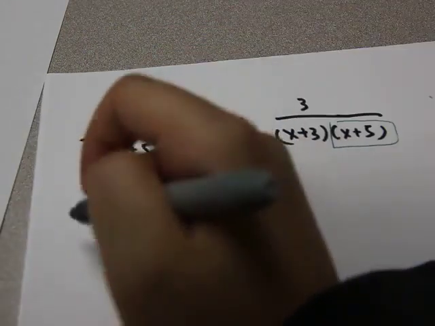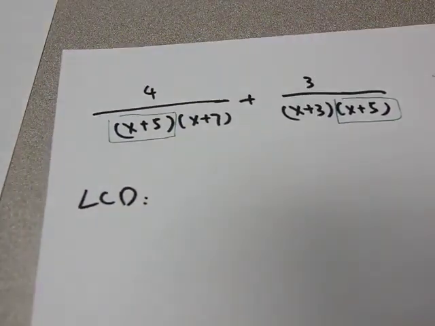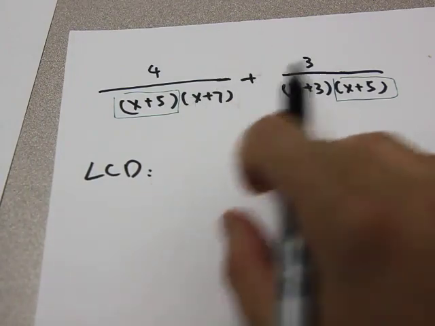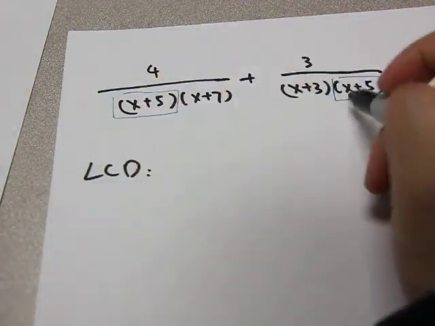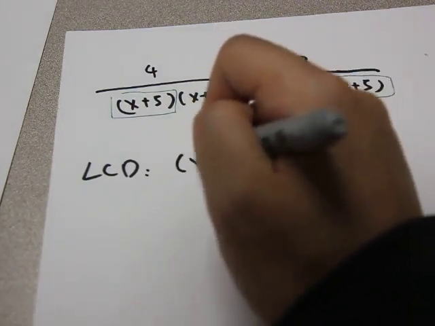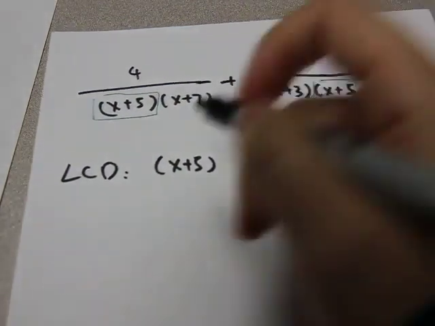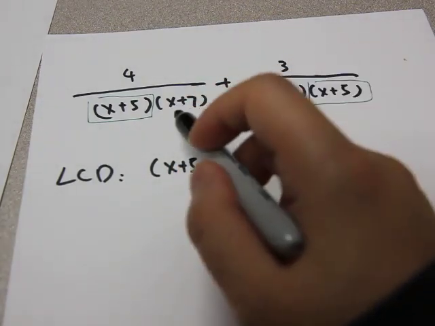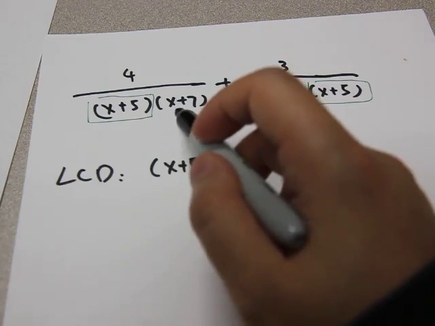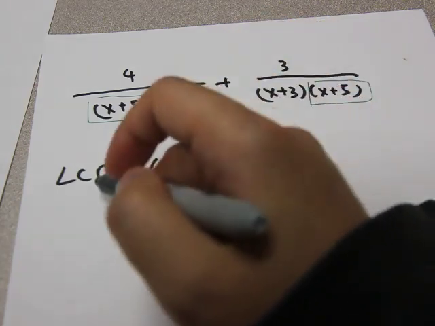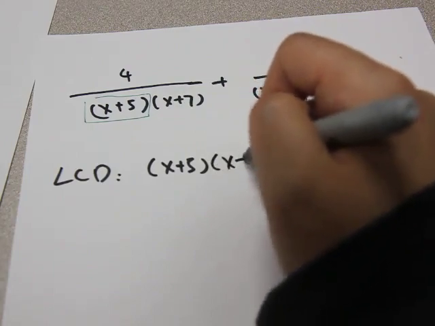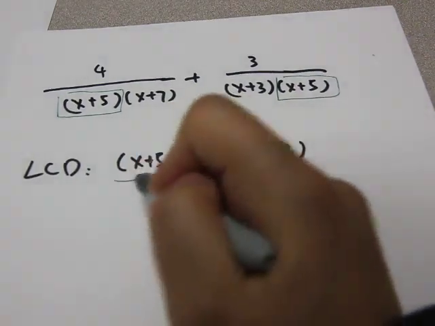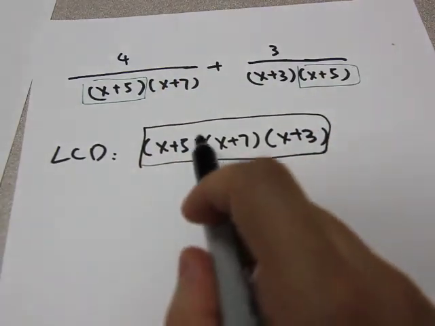So therefore, the common denominator must contain this common factor, x plus 5. And then it has to contain the other factors each denominator has. So it has to contain x plus 7 and x plus 3. Okay, so this is the least common denominator.